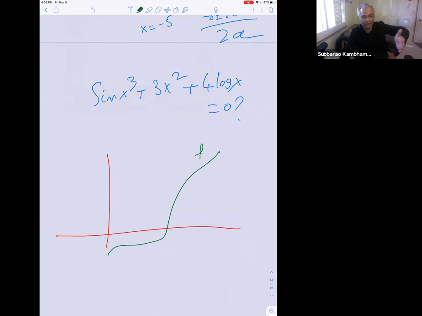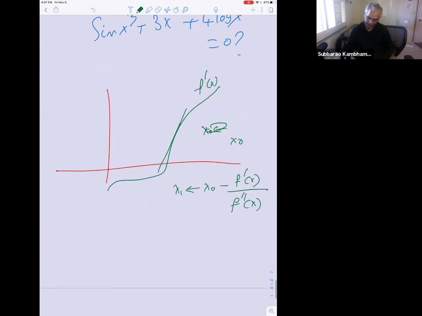The minimum of the error will occur when f dash becomes 0, from calculus. And so now I'm going to do the Newton-Raphson method for the f dash function. I'll start with x0, and x1 will be x0 minus f dash x by f double dash x. This is gradient descent.